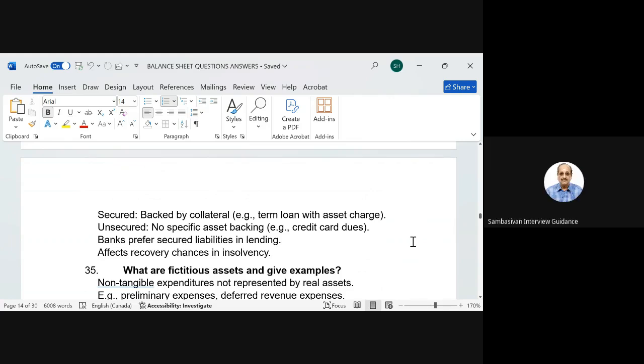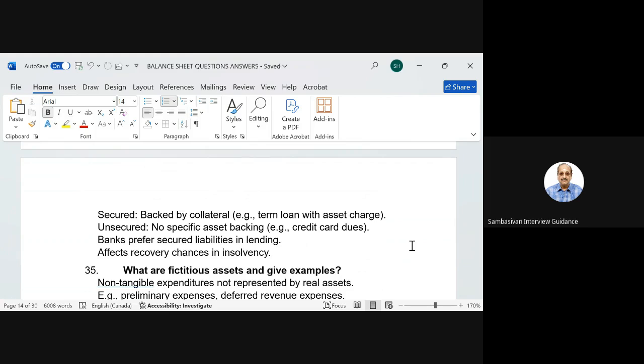So this is a very favorite question of PNB, maybe in UBI also. What is a secured advance? What is an unsecured advance? What is primary security, what is collateral security? Very common. Primary means the asset that is being bought out of the funds given.